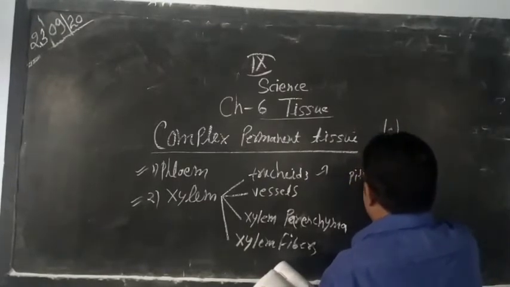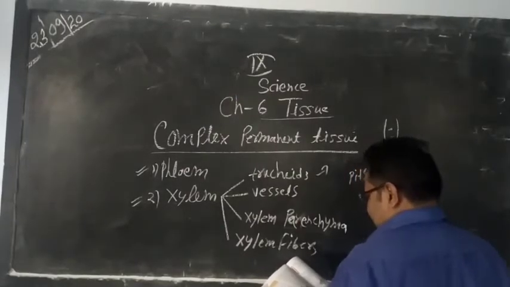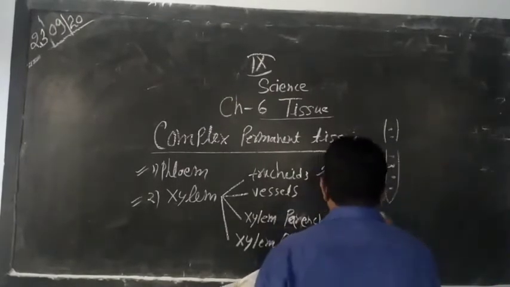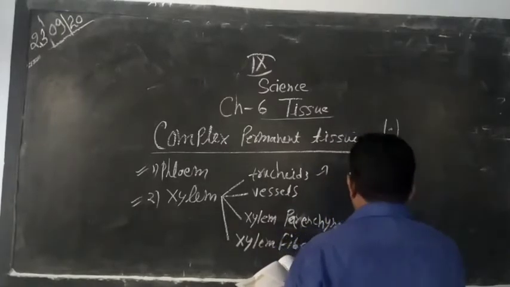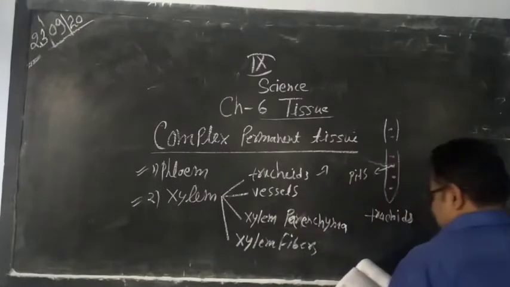So it contains pits, and this is the tracheid. Next one is vessels.